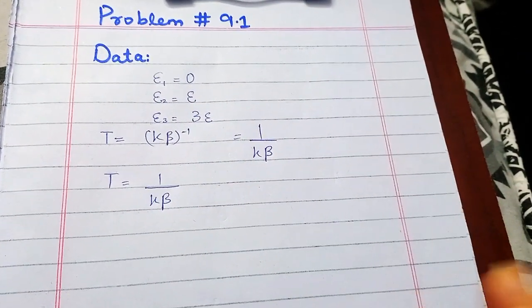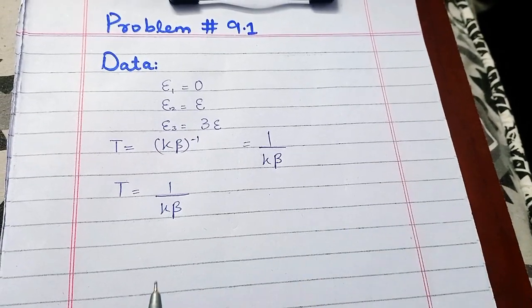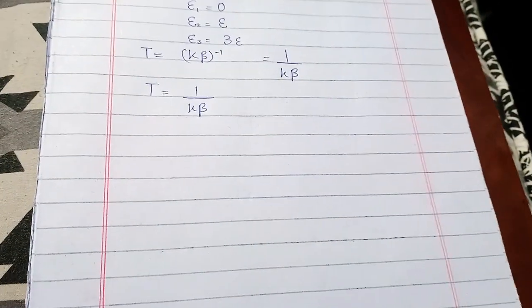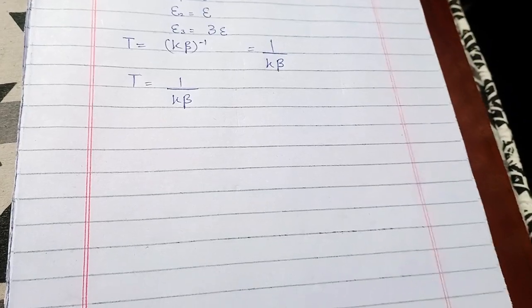So how can we calculate the partition function for a system of two particles? First of all, let's see the formula that we are going to use for a system of two particles.